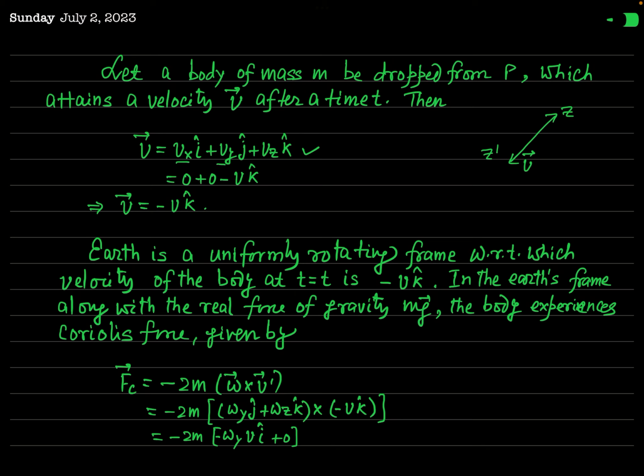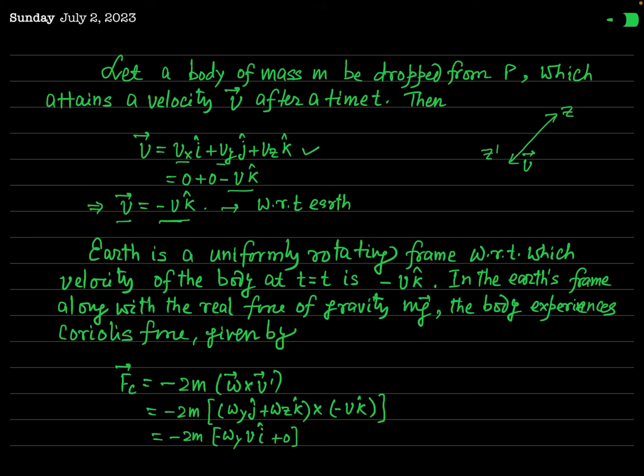Only the z component will be non-zero, and since it is in the negative z direction, you can write that this is simply minus v k. So the velocity at time t of our body, which has been dropped from point P, is minus v k, where k is the unit vector along the z axis. In this way you have defined the velocity of the particle at time t with respect to the earth, which is a rotating frame.